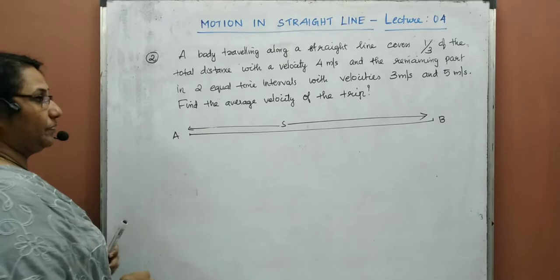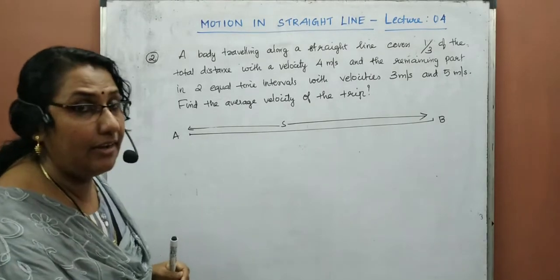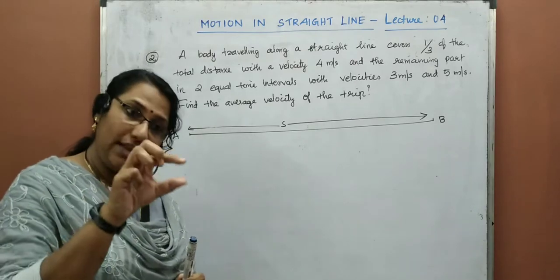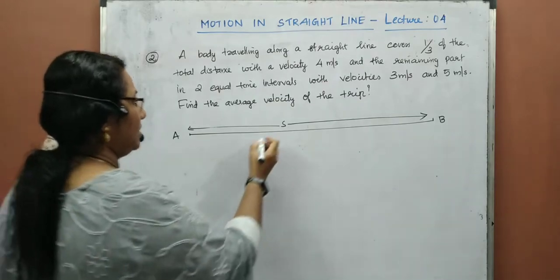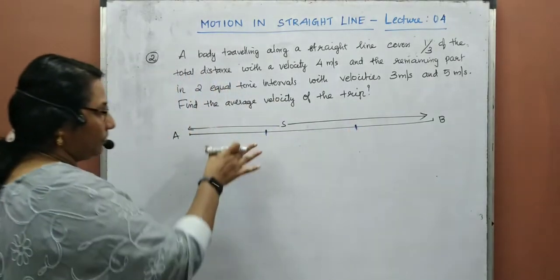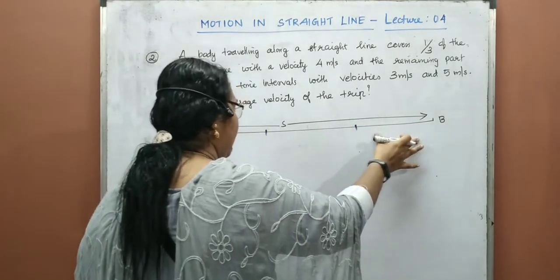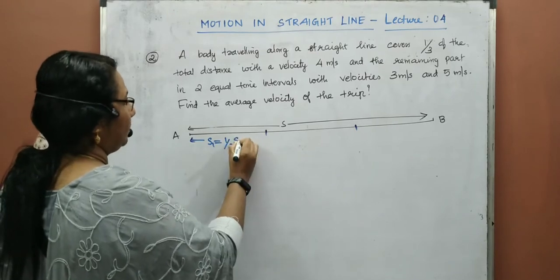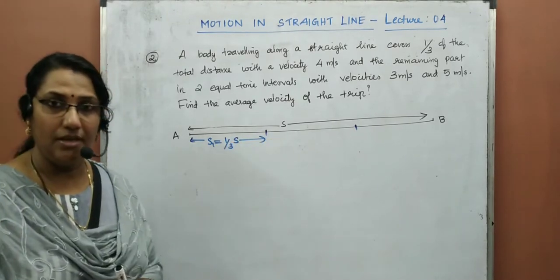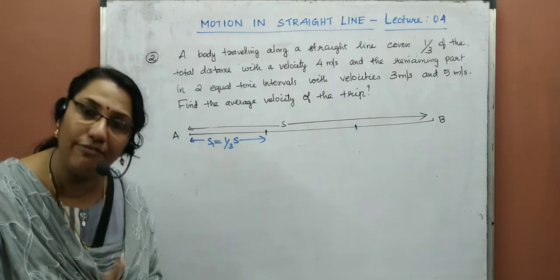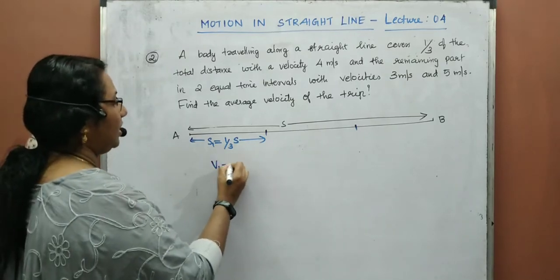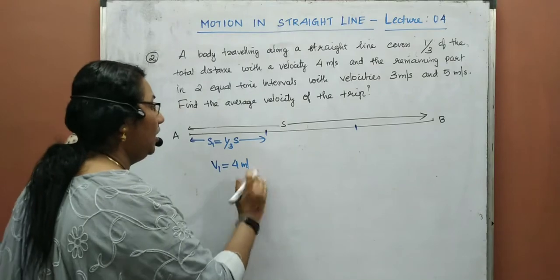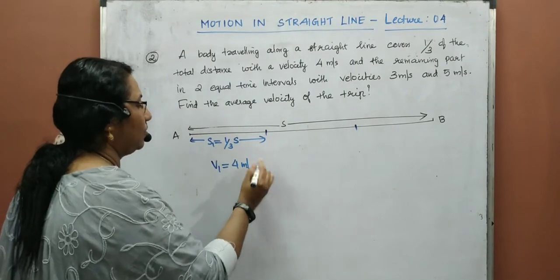Okay, that is, if the total distance is divided into 3 equal parts, what is 1/3? If it is divided into 3 parts, take 1 part. First part, second part, third part. Then the first, that is S1, is equal to 1/3 of S. The first part, 1/3 of S, is travelled with a speed V1 equal to 4 meters per second.